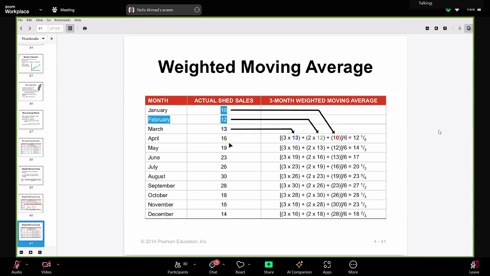In this way, we can calculate all these forecasted values. You should keep in mind that you need the historical sales data for forecasting any future demands.